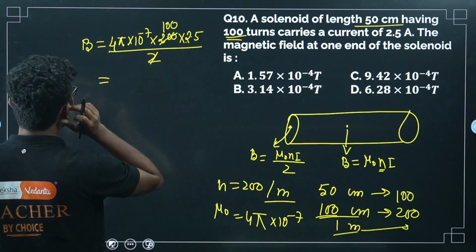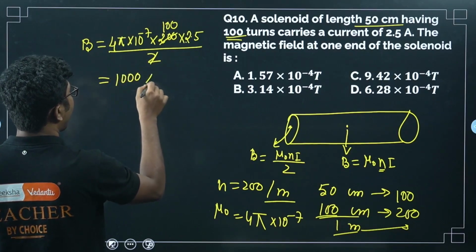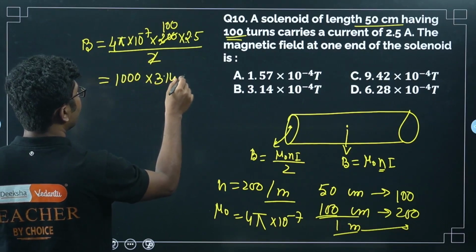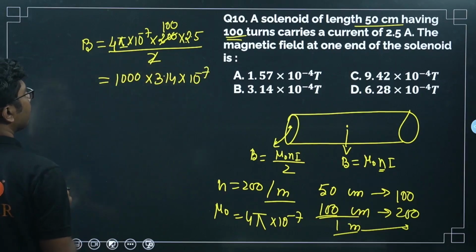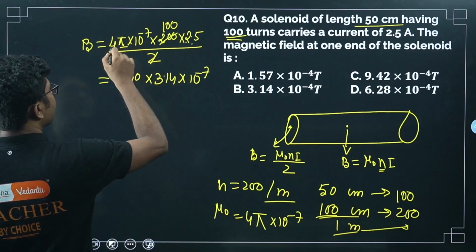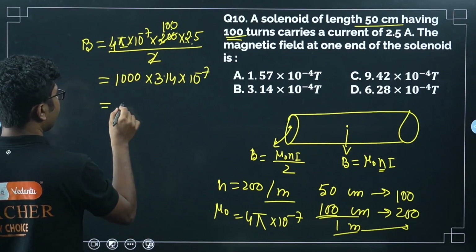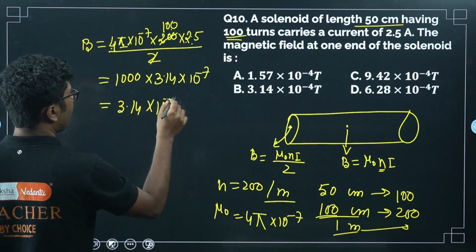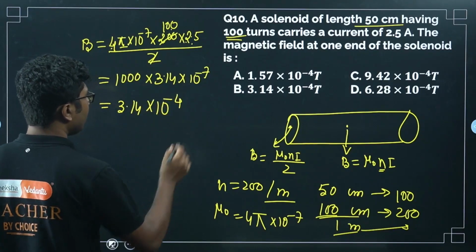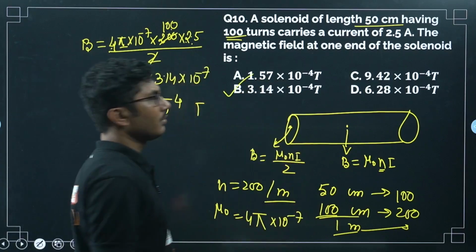Four fives are 20, 1000, 3.14 times 10 to the power of minus 7. Pi is 3.14, right? If you are still wondering how I have calculated, it is 3.14 times 10 to the power of minus 4 Tesla.